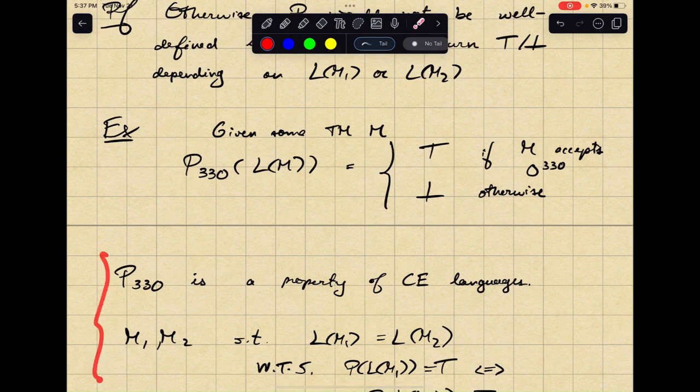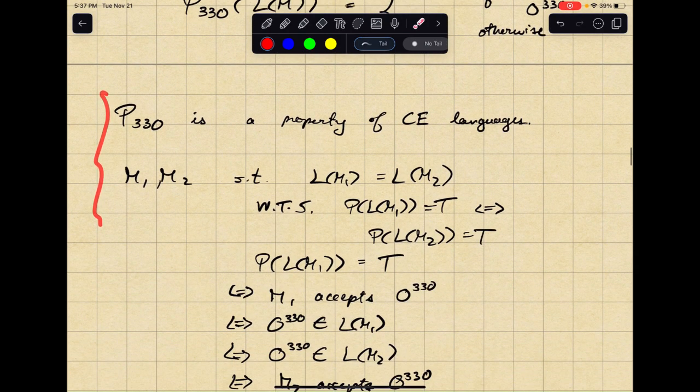And what this shows is that it doesn't matter what Turing machine I'm using to represent that language L. Whatever Turing machine I'm using, the property is going to evaluate to the same thing given the language accepted by those two Turing machines, right? So the property evaluates to the same thing regardless of what Turing machine I'm using to implement the acceptance of the language L.